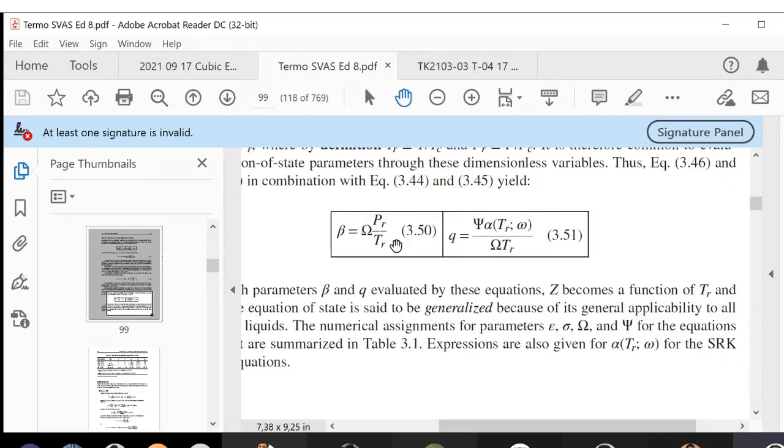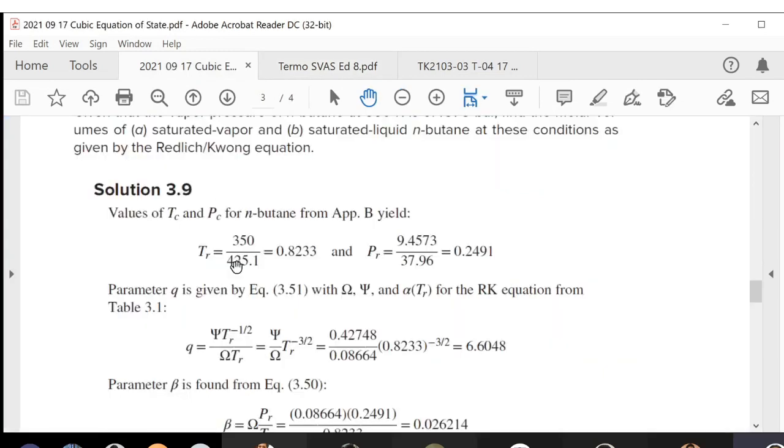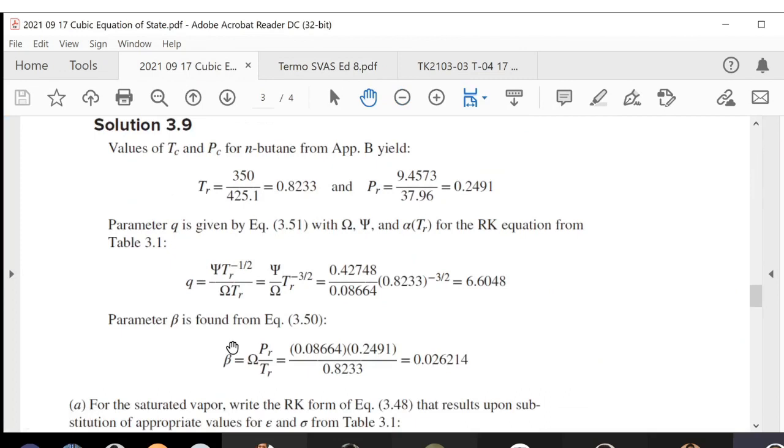Okay, beta and Q. Now we go back over here to calculate Q and beta. This is the equation psi multiplied by alpha TR divided by omega TR. How do we get this? What is the omega? What is the psi?